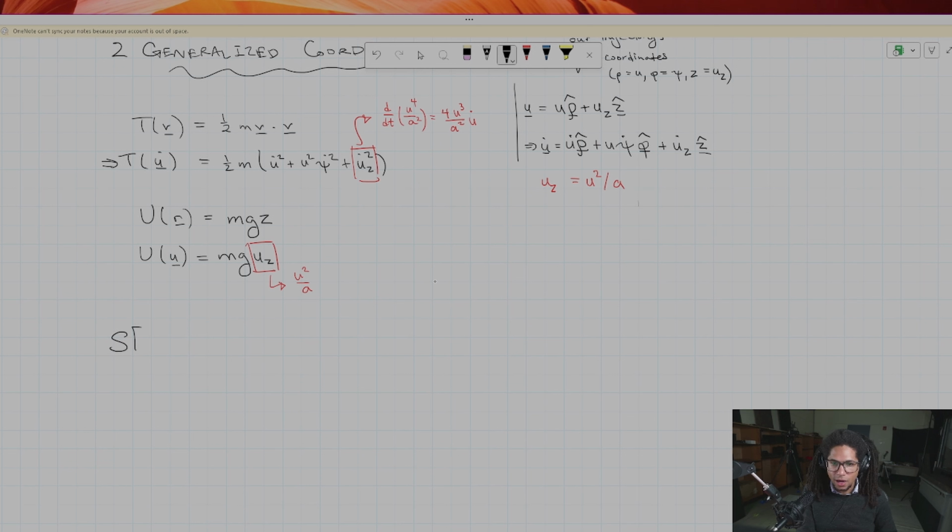So now I have my action, but I should write it just as a function of my generalized coordinates. A functional of my generalized coordinates, sorry. My generalized coordinates are u and psi.